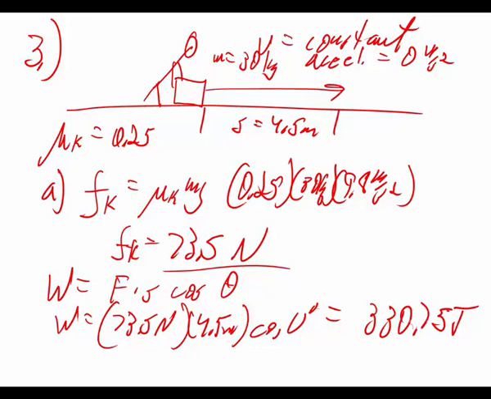So that's part A. It's part B. Part B says how much work is done by the crate by this force. 330.75 joules.